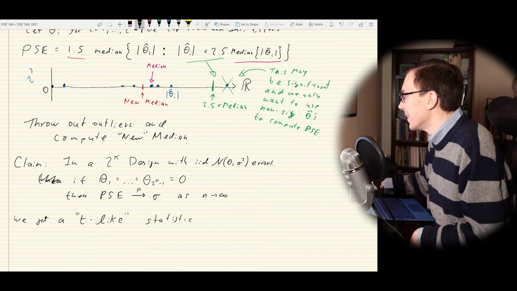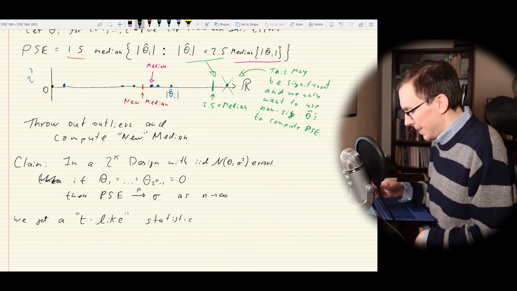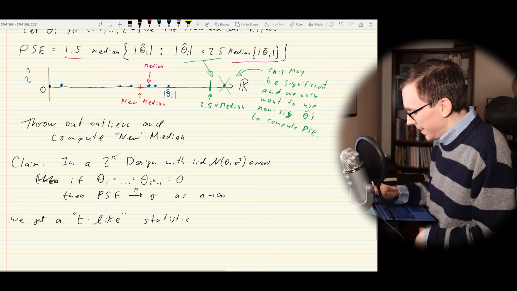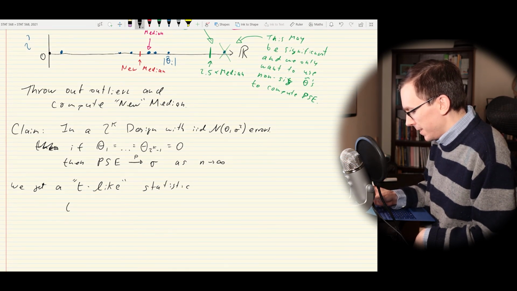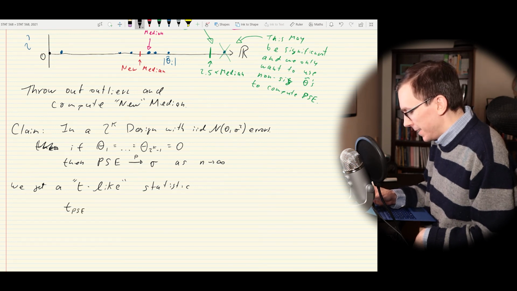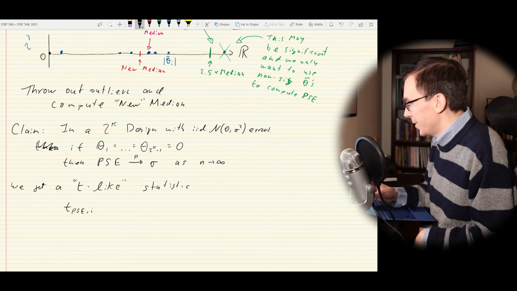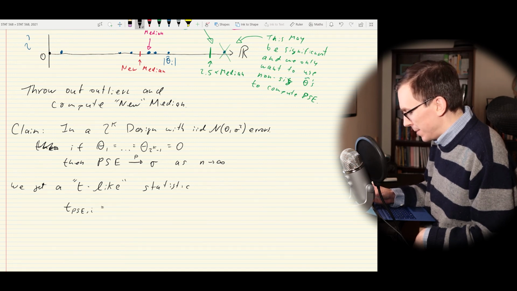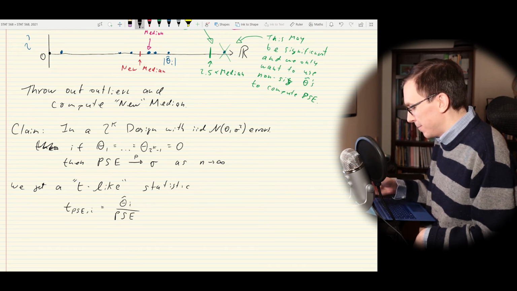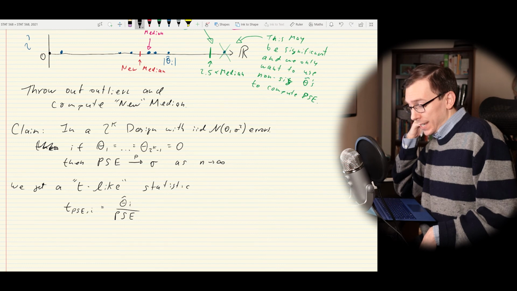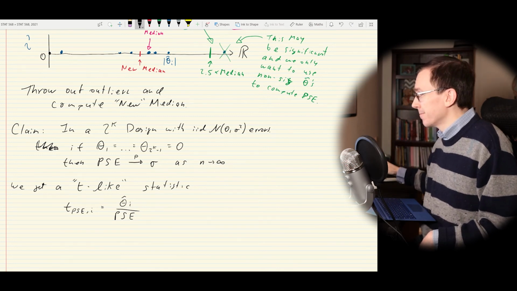I do like T. And the T-like statistic is going to be, I'm going to write T_PSE,i for the pseudo-standard error, and then what it's going to be is just theta hat i divided by our pseudo-standard error, with no index because it just is what it is based on our data.